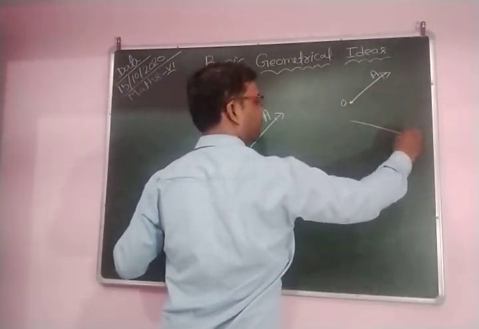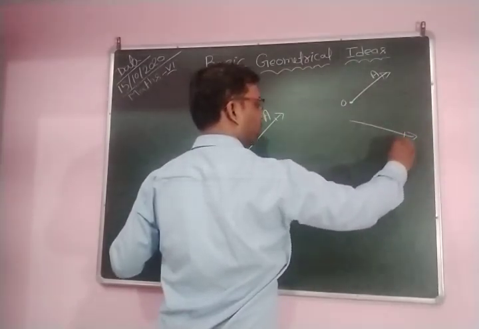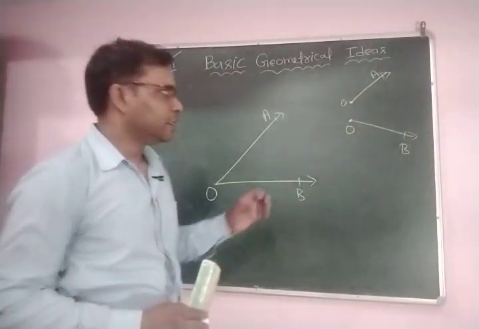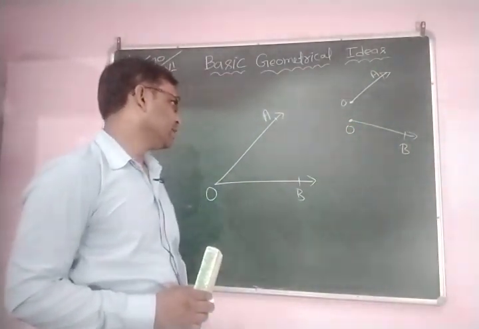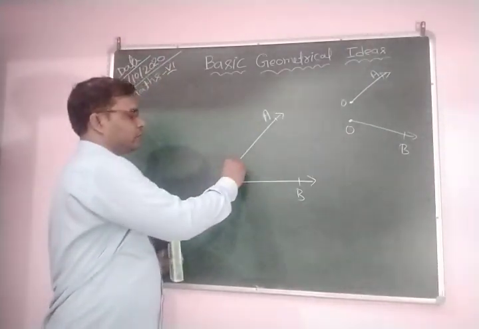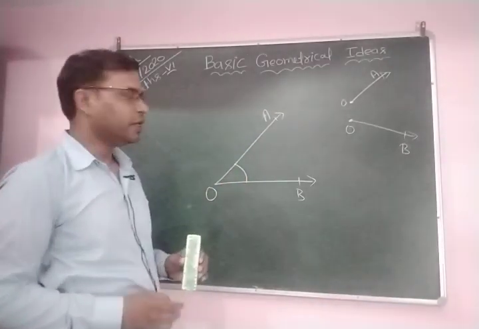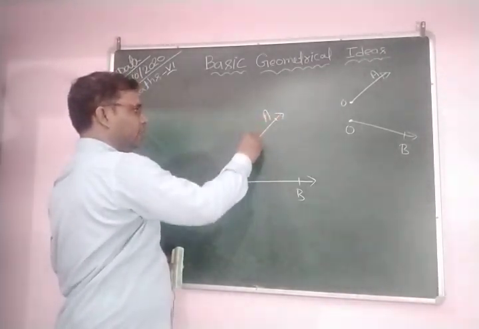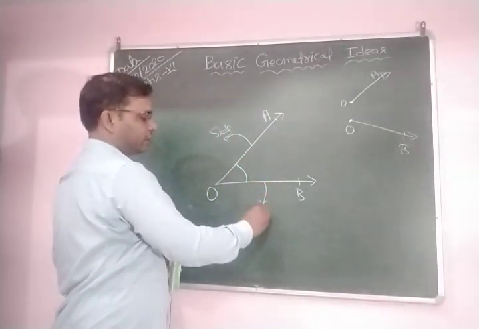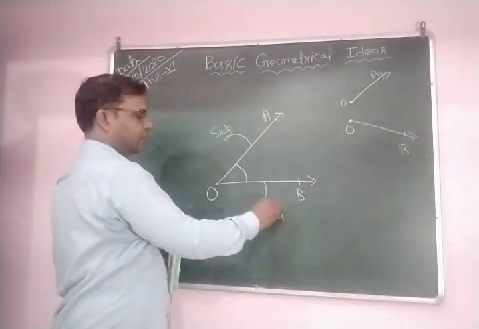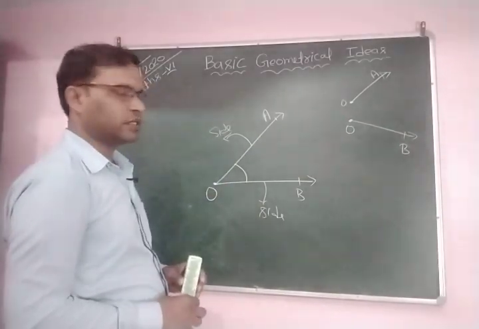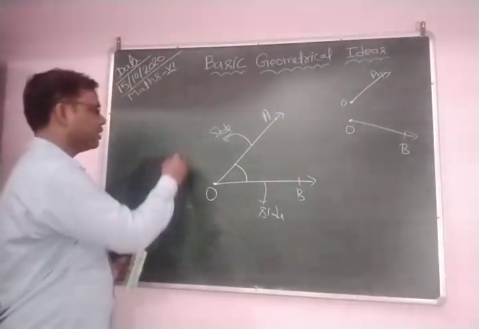This is ray OB. If you join the initial points of both rays, it becomes an angle. So this is an angle. These rays are called arms or sides of the angle. This initial point O is called the vertex.